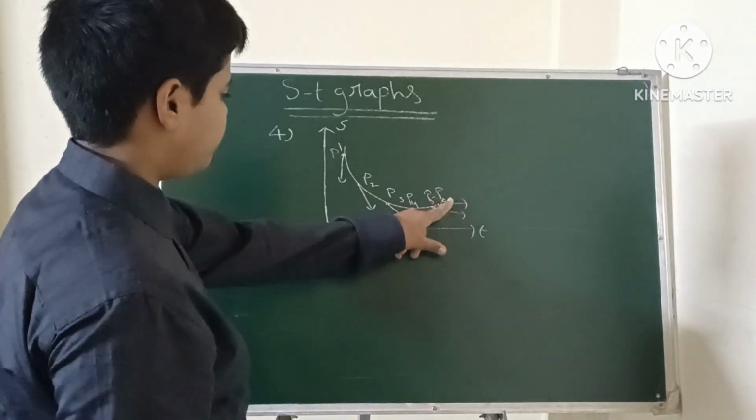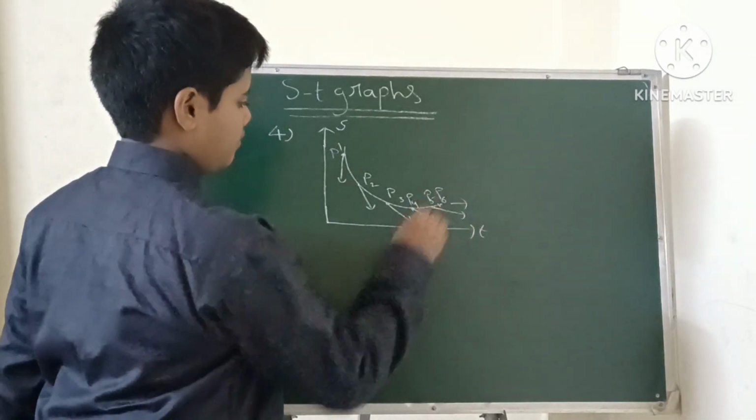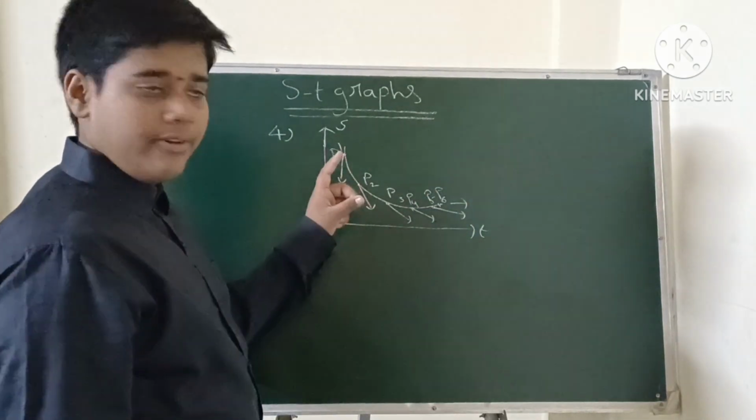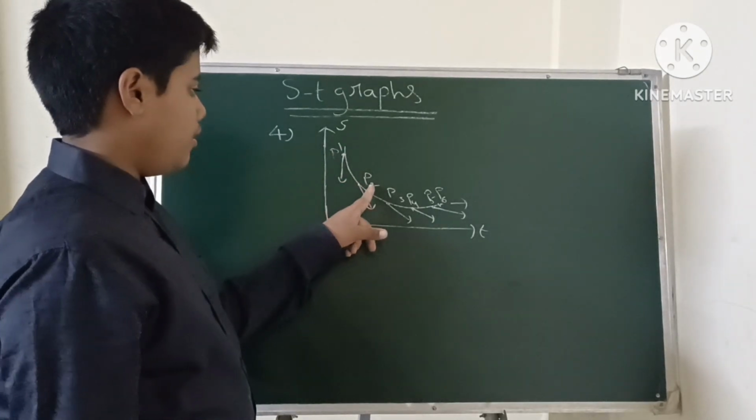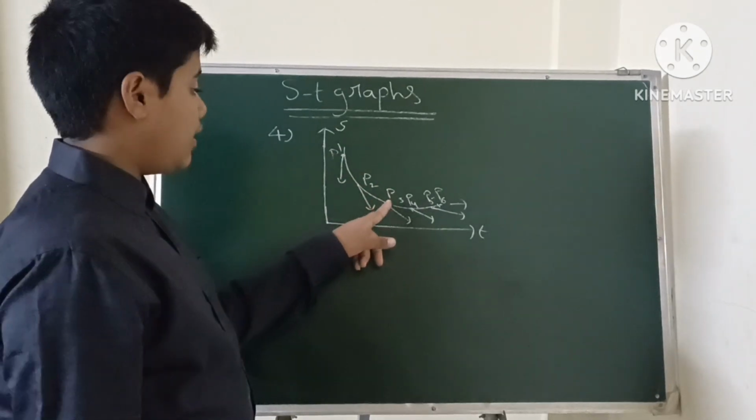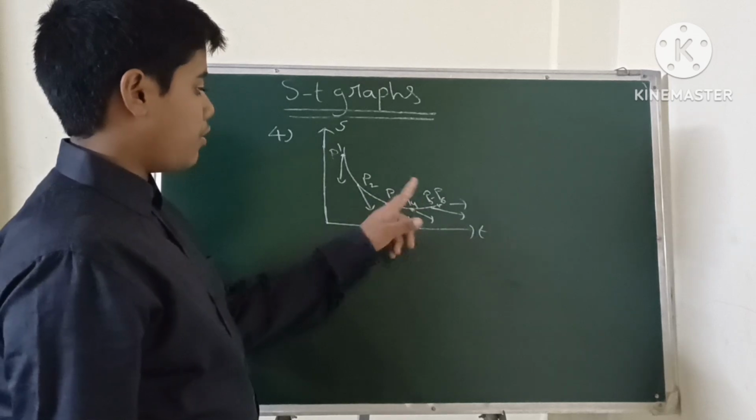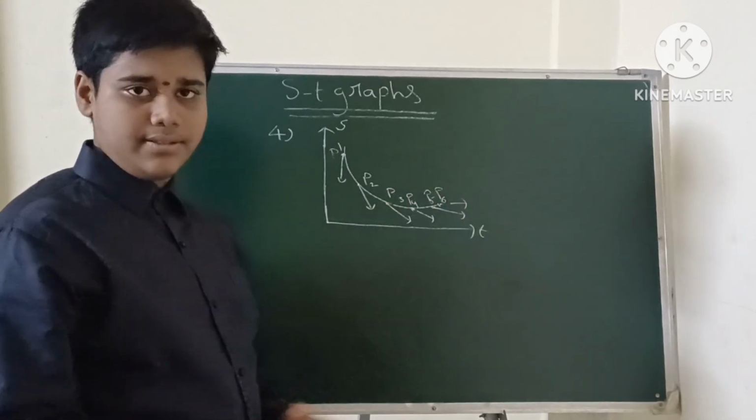Here the slope varies from P1 to P2, P2 to P3, P3 to P4, P4 to P5, P5 to P6.